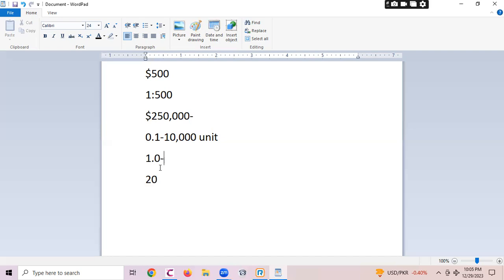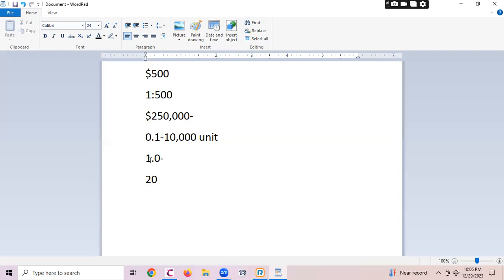So for you to be able to trade with 1.0 lot size, you're supposed to have $100,000 in your account. But with leverage of 1:500, all you need to deposit into your trading account is $200 to be able to trade like this guy that has $100,000 in his account, to be able to use 1.0 lot size.